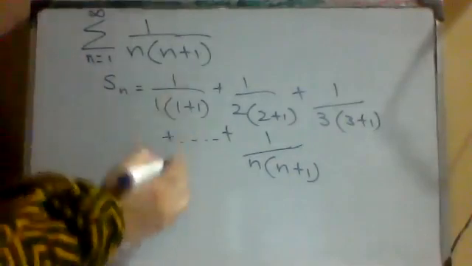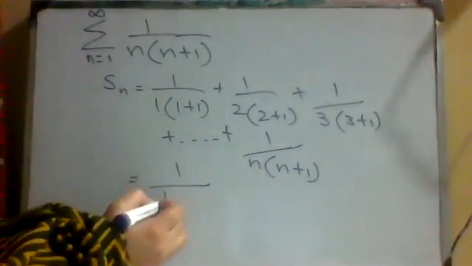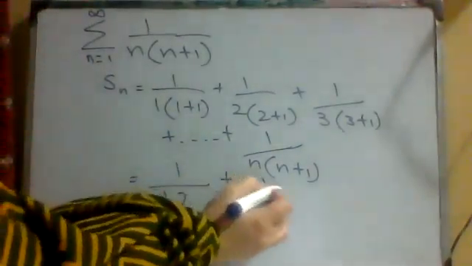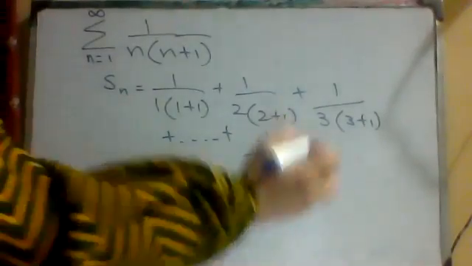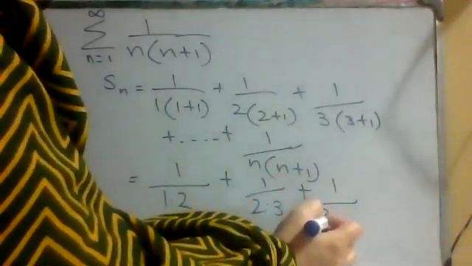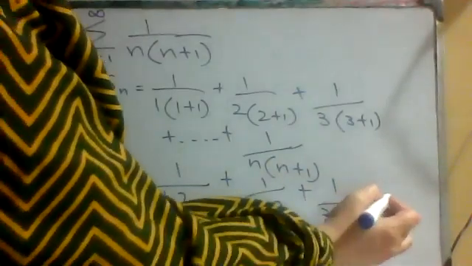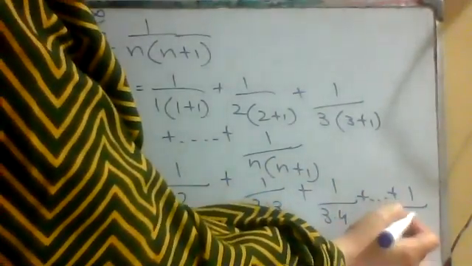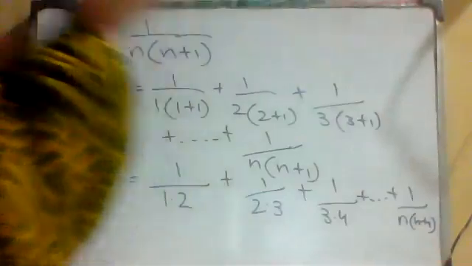So the terms are 1 over 1 into 2, plus 1 over 2 into 3, plus 1 over 3 into 4, up to 1 over n into n plus 1.